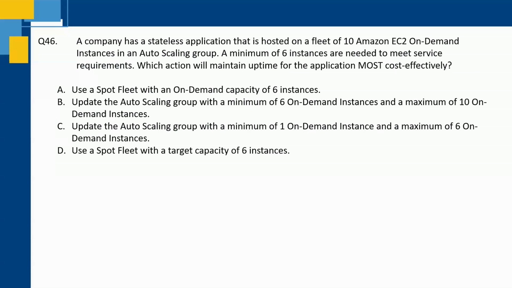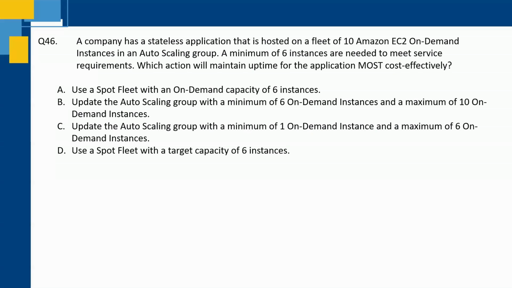Your options are: use a spot fleet with an on-demand capacity of 6 instances; update the auto-scaling group with a minimum of 6 on-demand instances and a maximum of 10 on-demand instances; update the auto-scaling group with a minimum of 1 on-demand instance and a maximum of 6 on-demand instances; use a spot fleet with a target capacity of 6 instances.